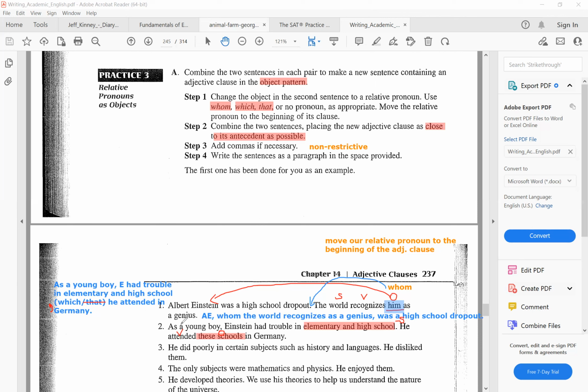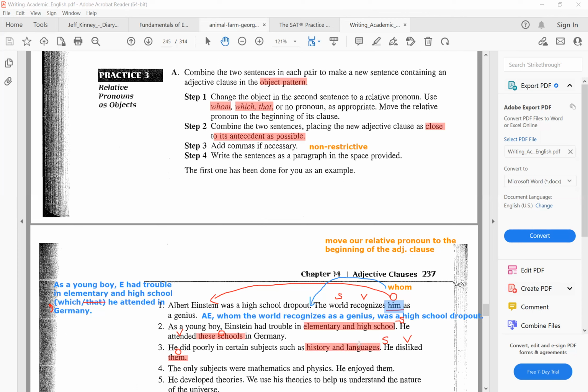Okay, so let's do one more. He did poorly in certain subjects, such as history and languages. He disliked them. So we know that them is referring to history and languages, right? Specific subjects already.